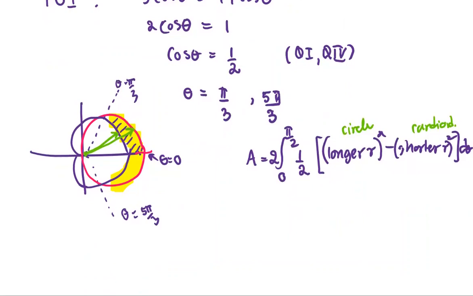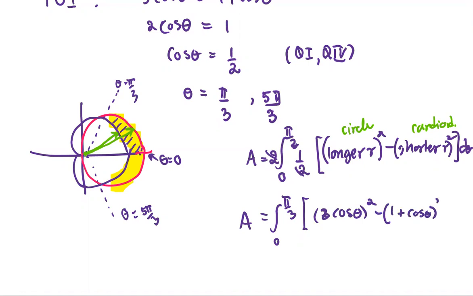So now we have the definite integral from 0 to pi over 3 of the longer one, the quantity 3 times cosine theta squared, minus the shorter r, the quantity 1 plus cosine theta all squared, with respect to theta.